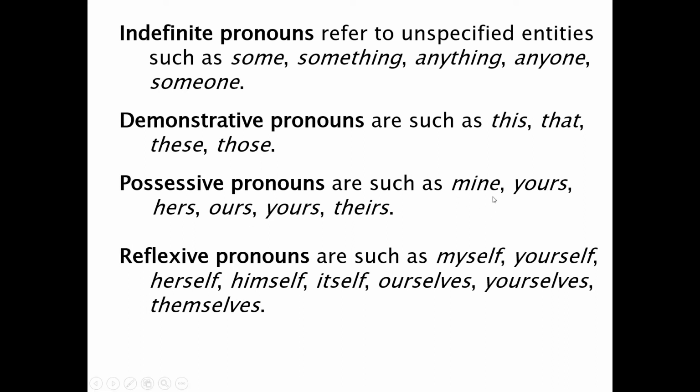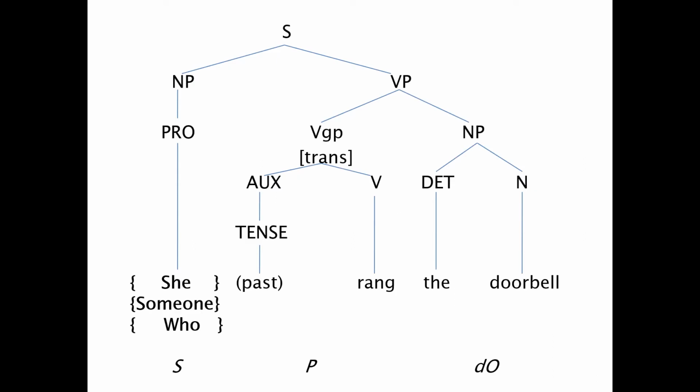Possessive pronouns such as mine, yours, hers, ours, theirs. Reflexive pronouns are such as myself, yourself, himself, themselves, ourselves, etc. So all these are part of the noun phrase. Here we have a sentence.